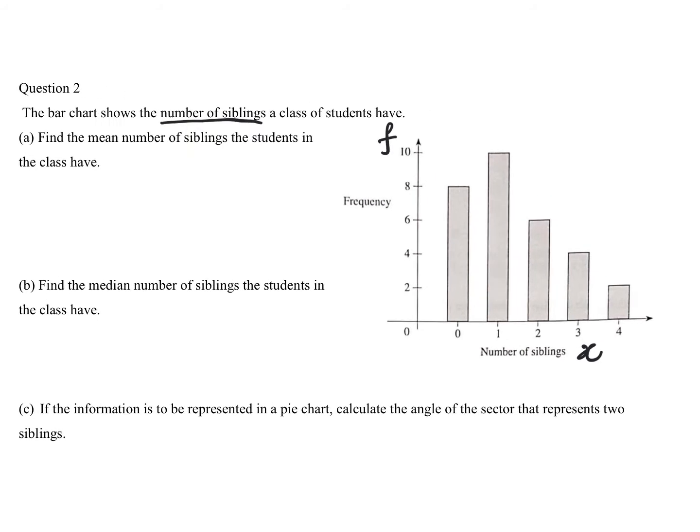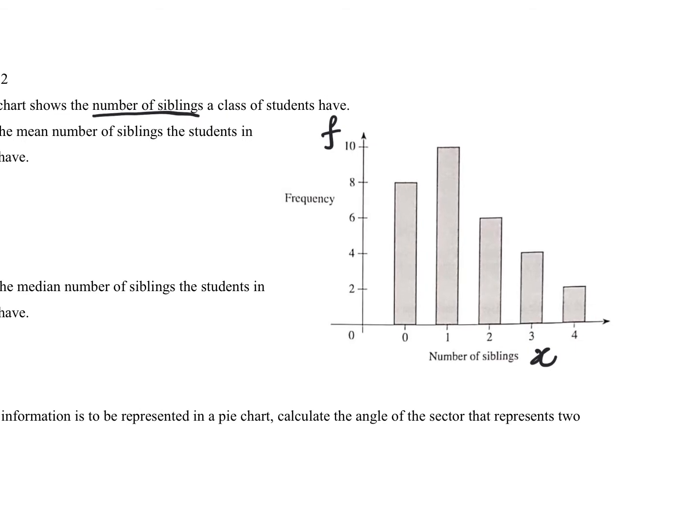If you were to read this, you can represent this bar graph as a table with x and f, but it's not necessary to write it down like that. So 0 siblings appears 8 times. 1 sibling appears 10 times. 2 siblings appears 6 times. 3 siblings has a frequency of 4, and 4 siblings has a frequency of 2.